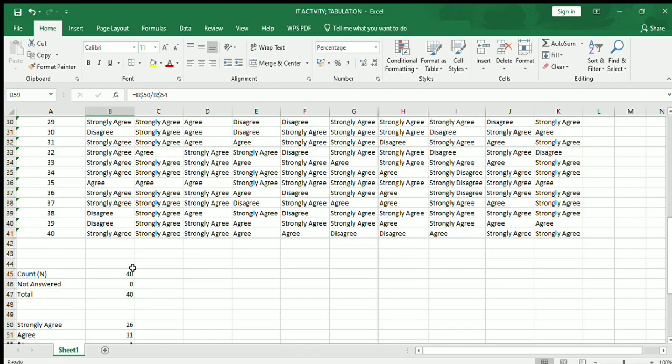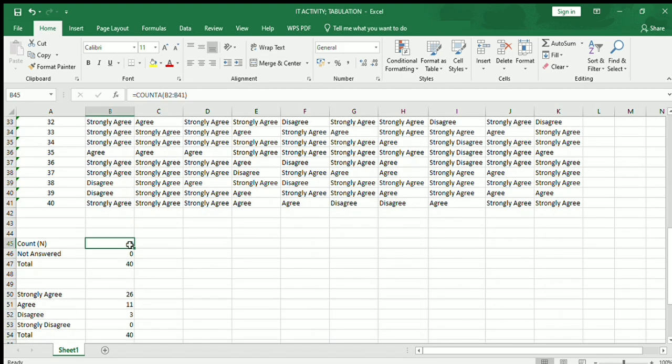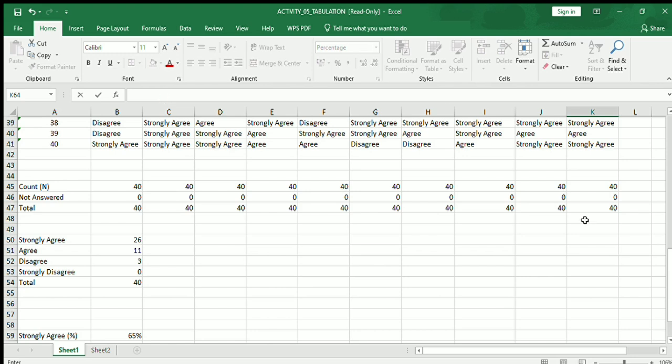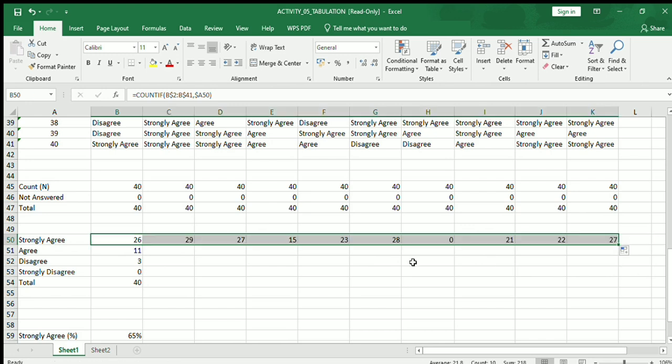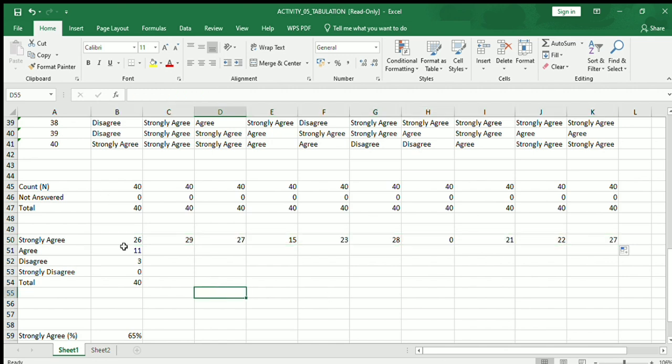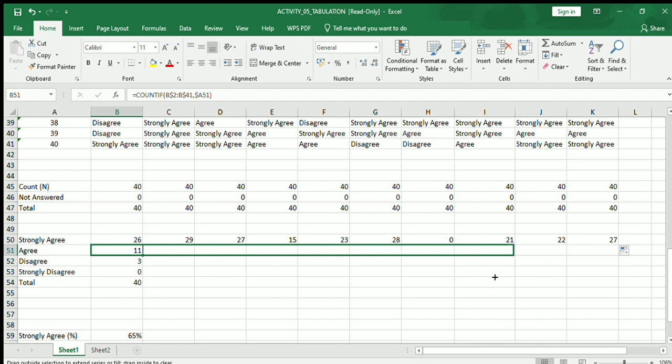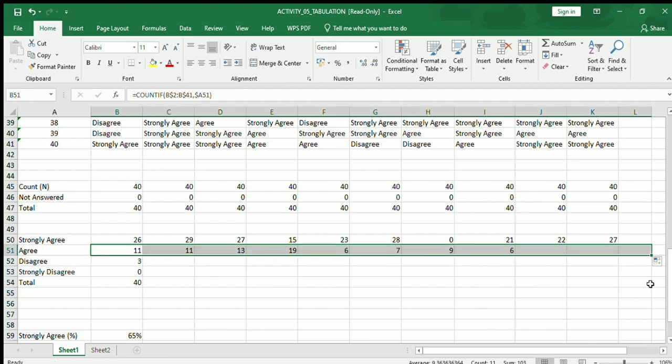After you get all the answers, then you make the value constant by putting a dollar sign. Then you will drag the equal amount to the letter K so that it will automatically put the numbers on the corresponding letters on how many percentage and how many amount of respondents answered in those particular questions.